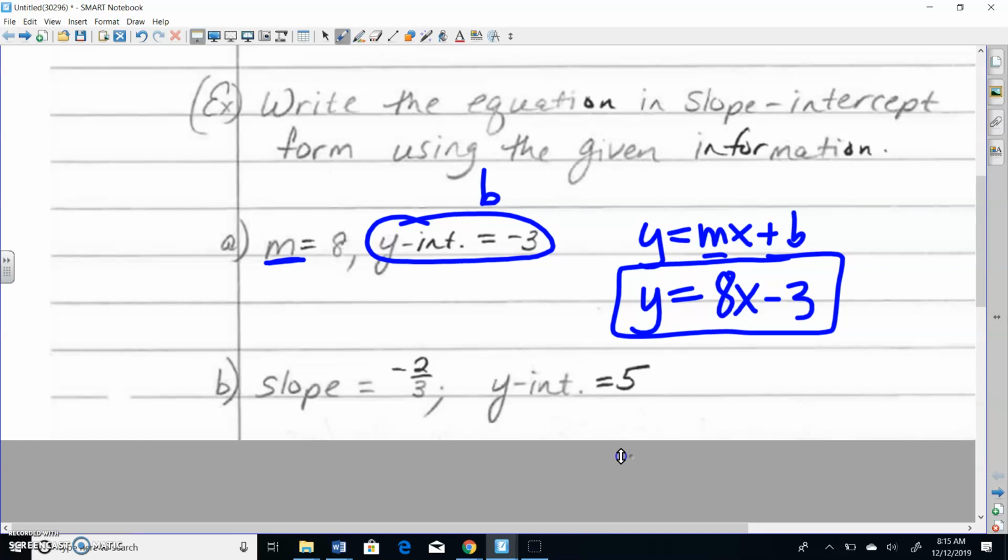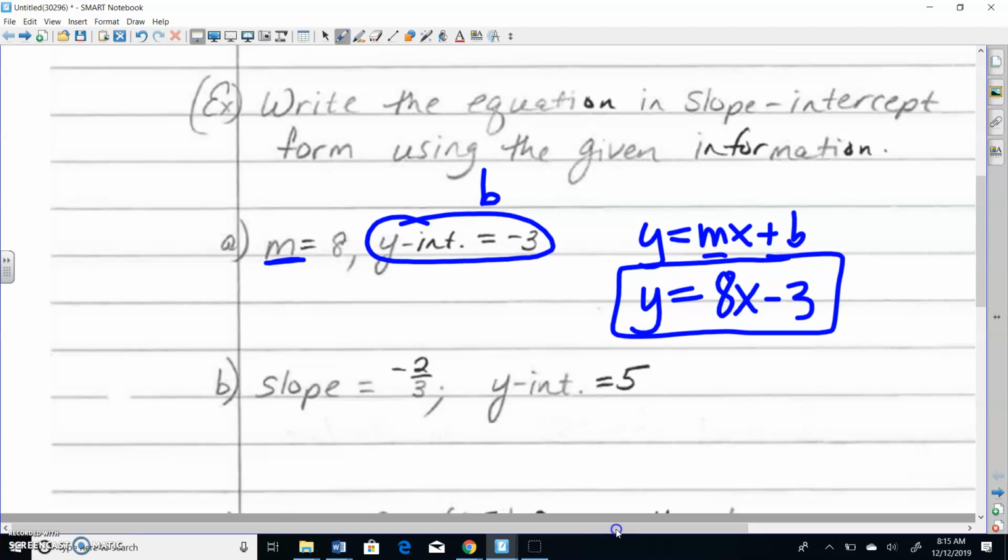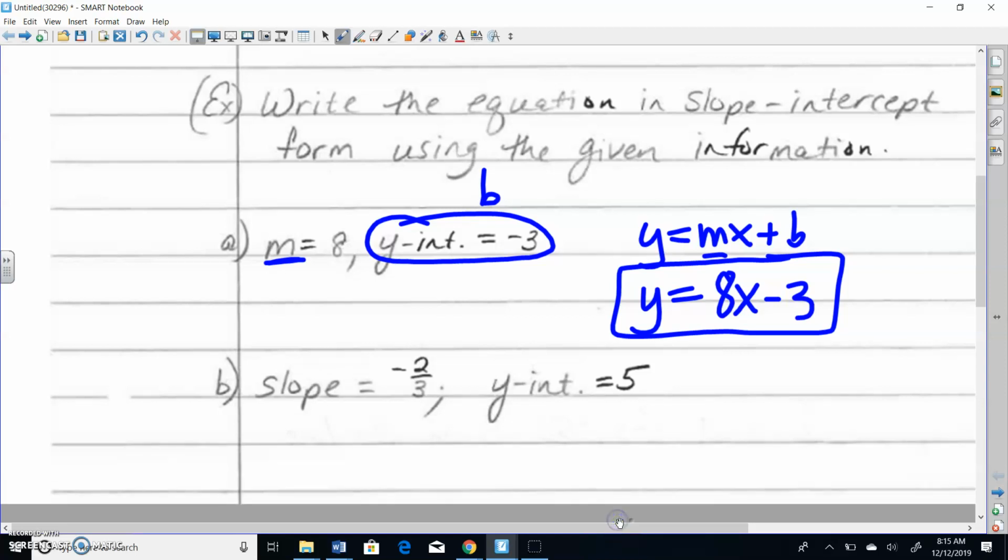All right, next one. Our slope is -2/3 and the y-intercept is 5, and we want to find the equation in slope-intercept form using that information. Slope is the same thing as the lowercase m in our equation, and the y-intercept is the b.